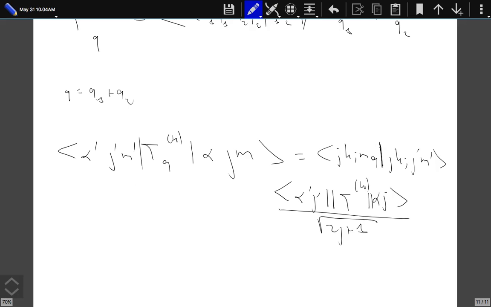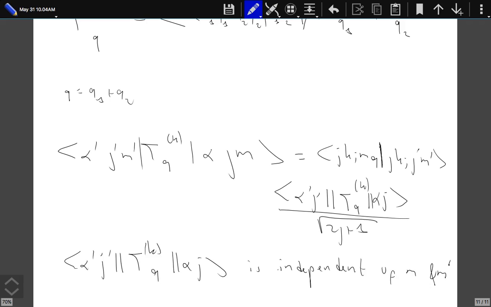Okay, so what does all of this mean? Look at this matrix element. This is independent of M and M prime. And this thing over here is nothing but our Clebsch-Gordan coefficients. So all the M and M prime dependencies of such a matrix element are already incorporated in these Clebsch-Gordan coefficients.